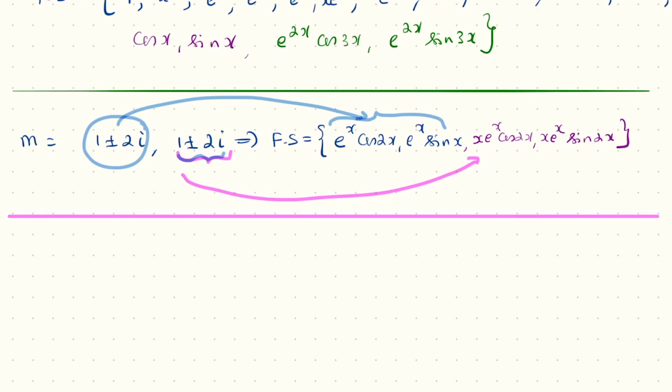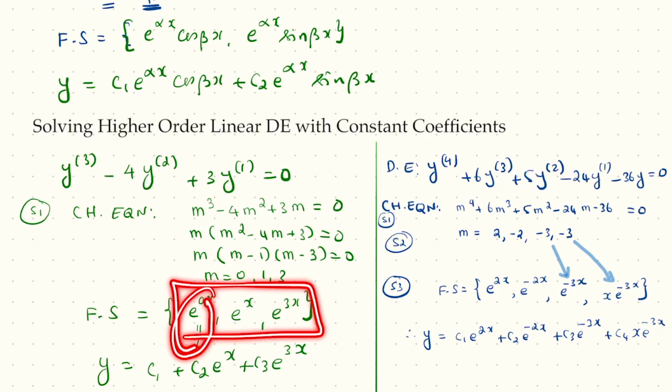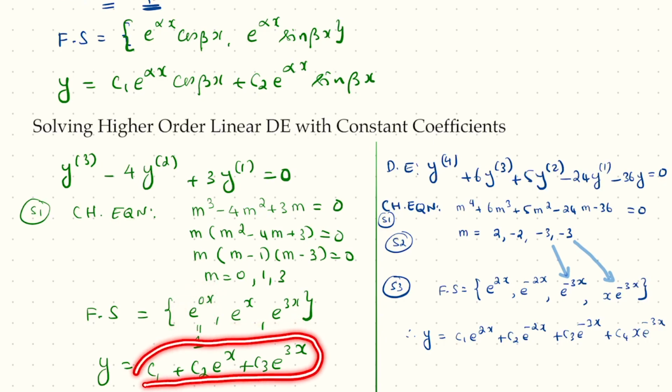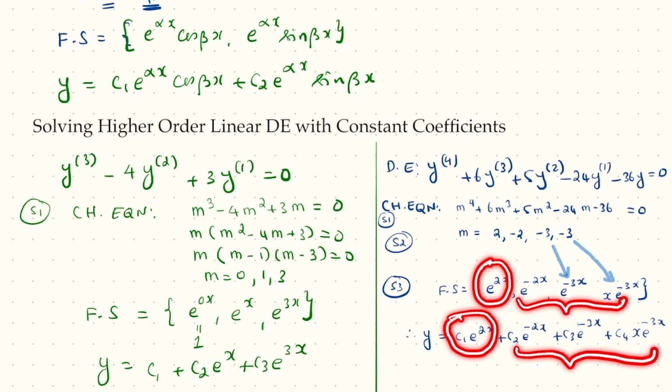So therefore we can say one of them is not a linear combination of the other. That's why when we write down this general solution, I cannot write this one as a linear combination of the others, so I'm going to have this unique. Otherwise, if I can write one of them as a linear combination of these three, then this does not make sense, because this is going to cover all possible linear combinations.